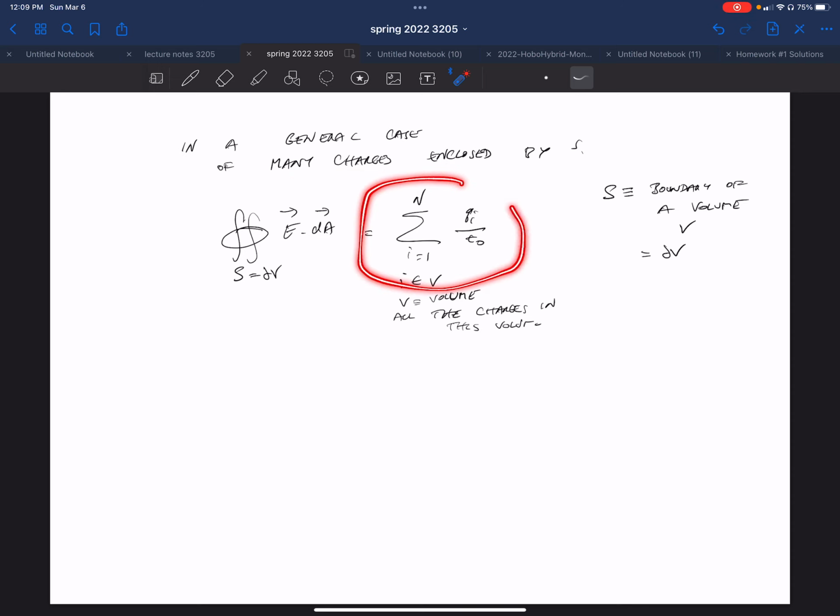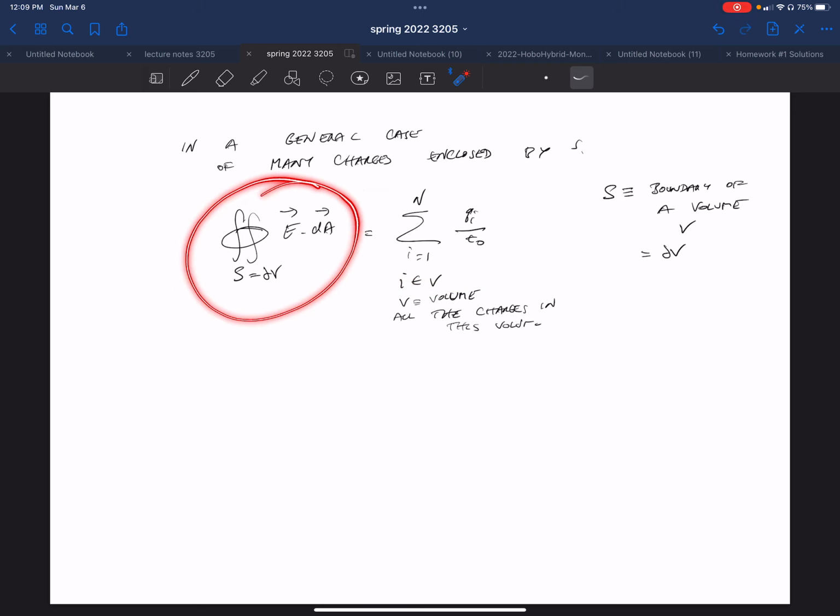We're talking about the summation of all the charges being equal to this area vector dot vector. And this goes with any shape, right? So this holds for any shape.